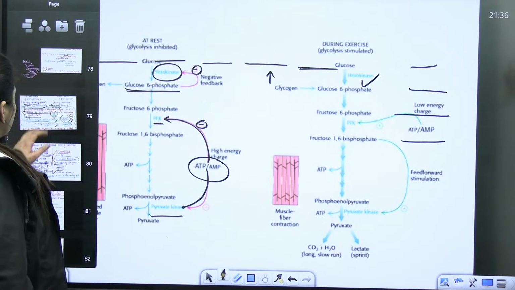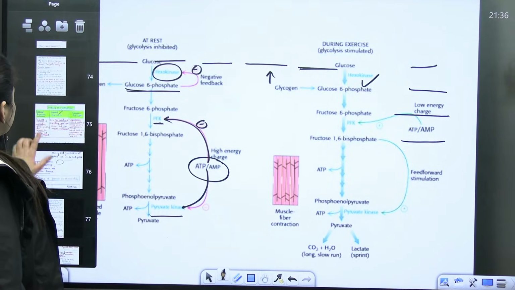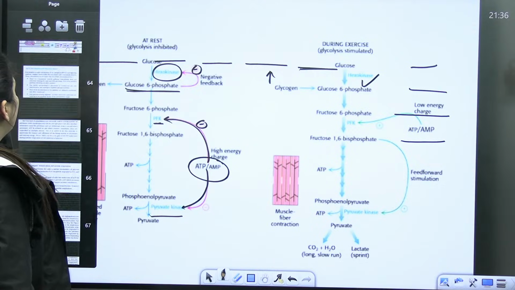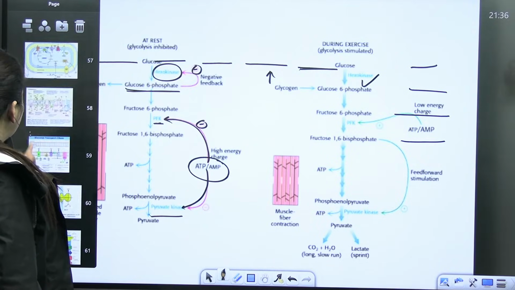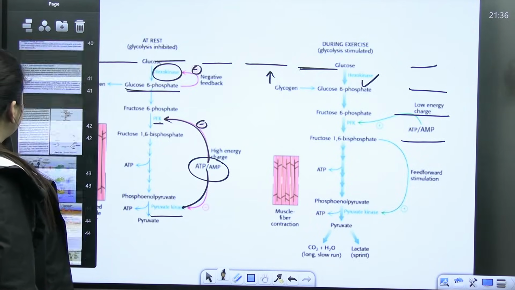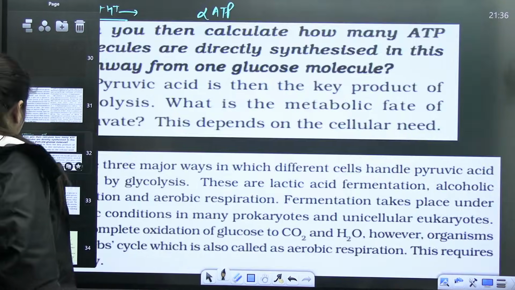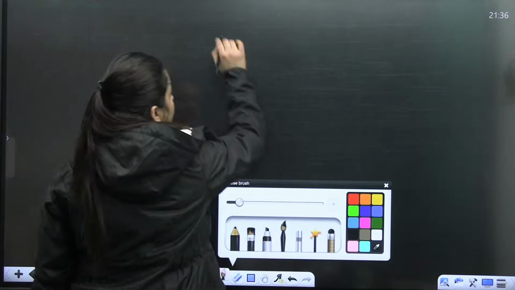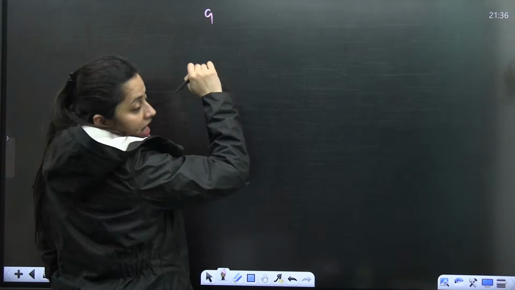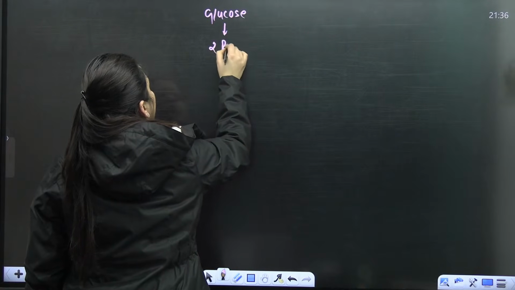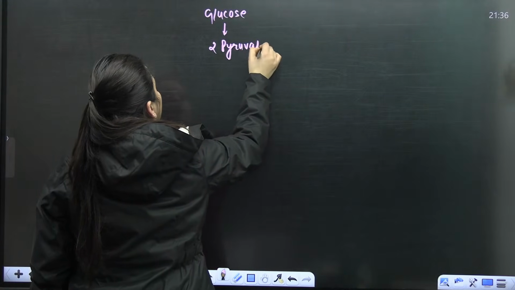So the next topic that we have to discuss now is fermentation. Ready? Okay. So in fermentation, firstly, how will it start? Glucose will form 2 pyruvate, right?